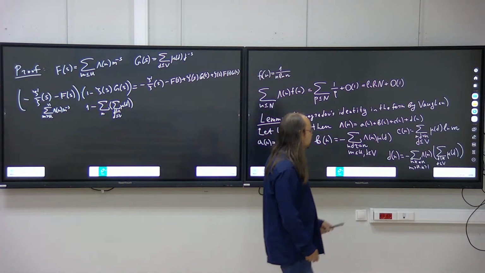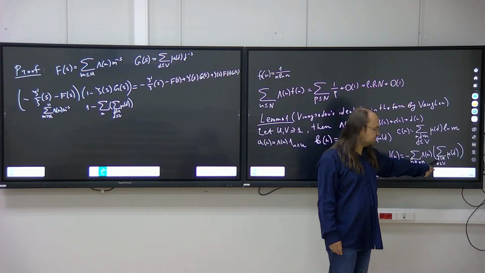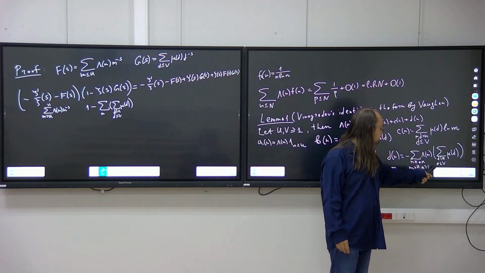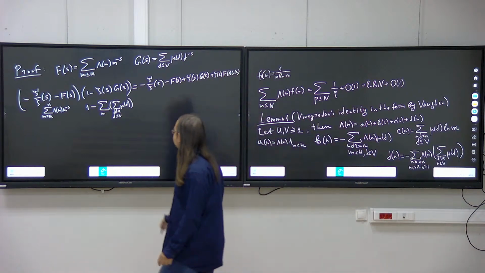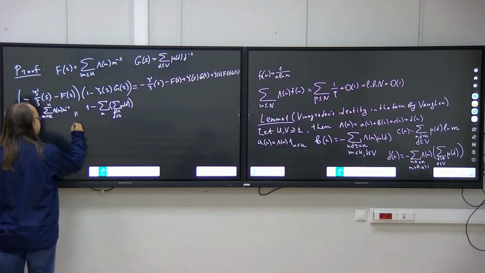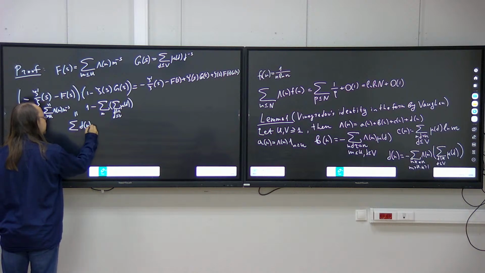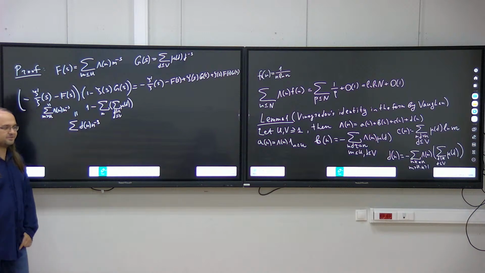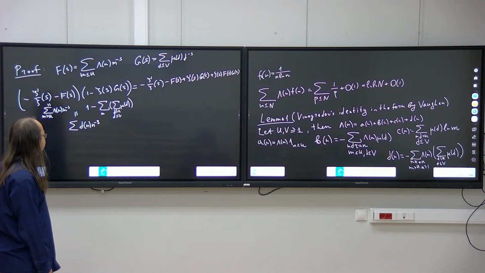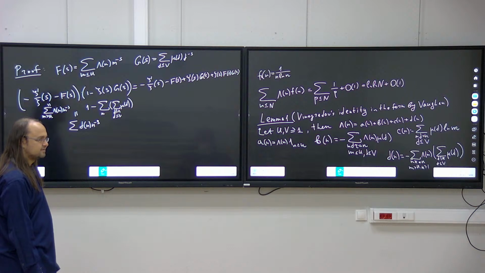And you also get the sum over all divisors dividing k, d less than or equal to v, right? So this thing on the left is precisely the sum of d of n to the power minus s. Correct? Is this clear?